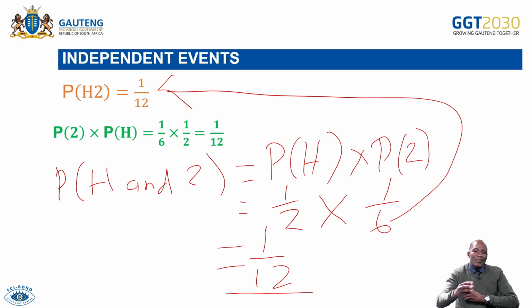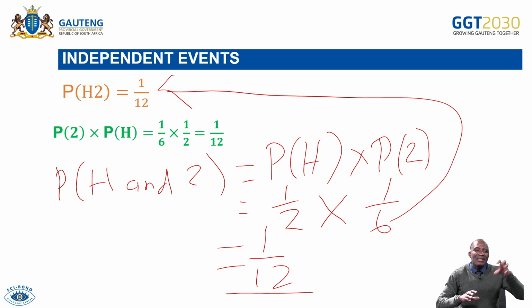So we have obtained two answers here. The first answer was obtained from conducting the experiment and listing down the observations. Our second answer, 1 divided by 12, is now coming via our knowledge of the coin and knowledge of the dice, to say a coin has 2 sides and a dice has 6 sides.